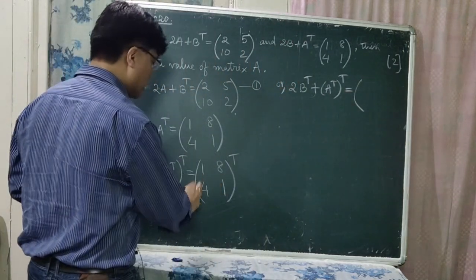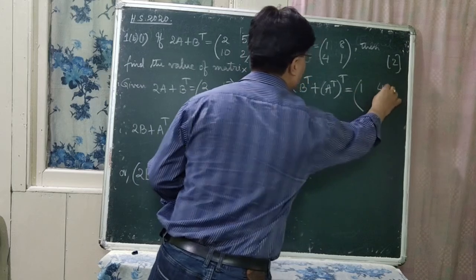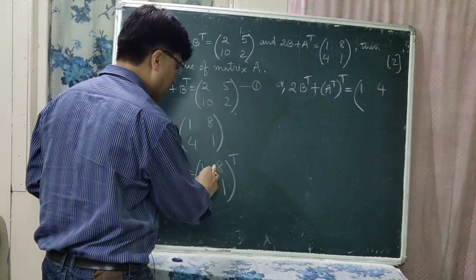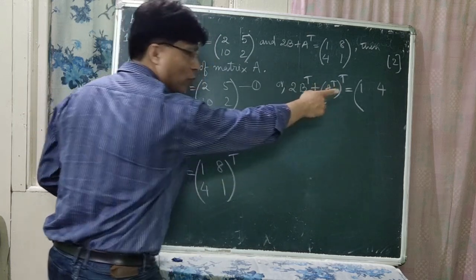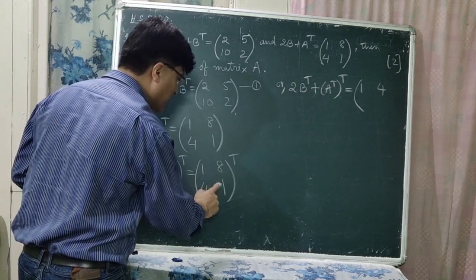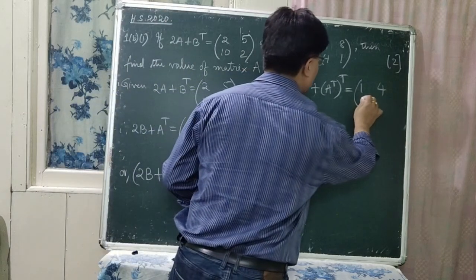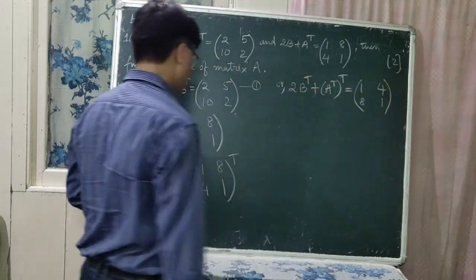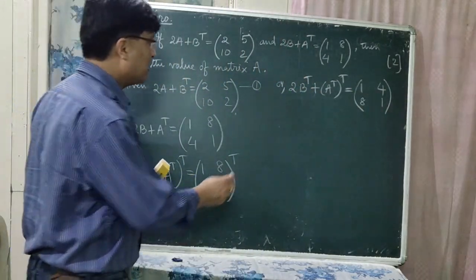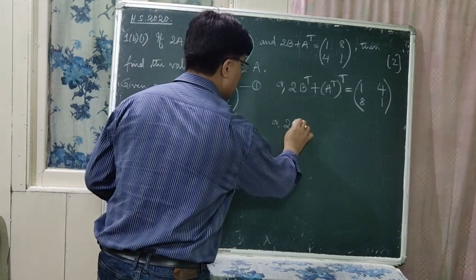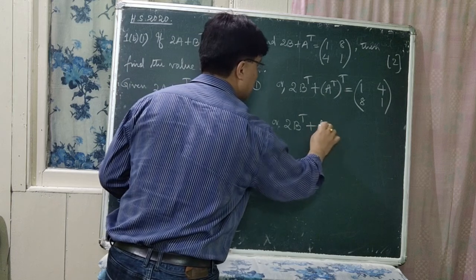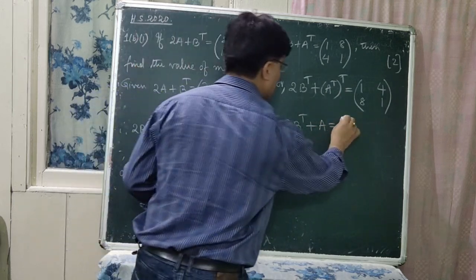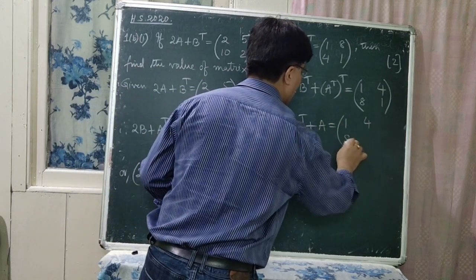Now the first column becomes the first row, 1 4, and the second column 8 1 becomes the second row, that is 8 1. Is that clear? Next, it will be 2B transpose plus A transpose whole transpose, that is A, which is equal to this, 1 4 8 1.